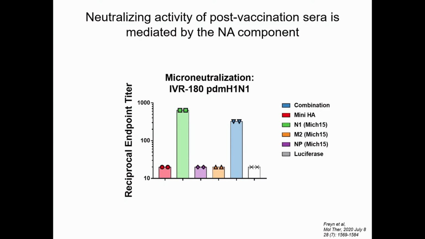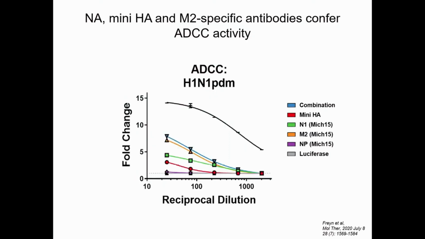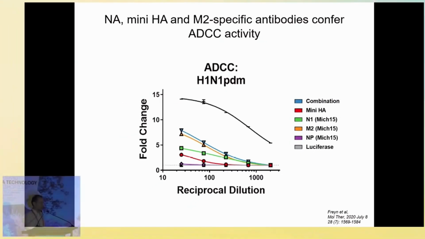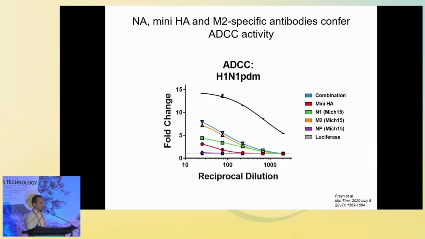It's not surprising because it's well documented that many stalk-specific antibodies act through Fc-mediated functions, and indeed it turned out that we could measure antibody-dependent cellular cytotoxicity activity in those serum samples that were obtained from animals that received the mini-HA, the neuraminidase, or the M2 vaccine.